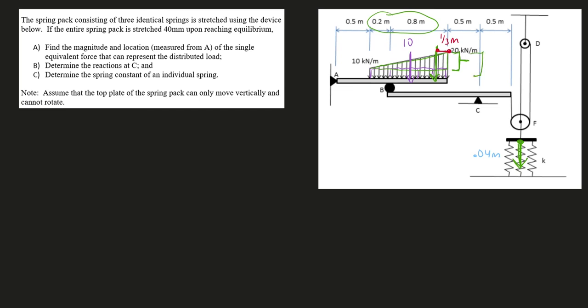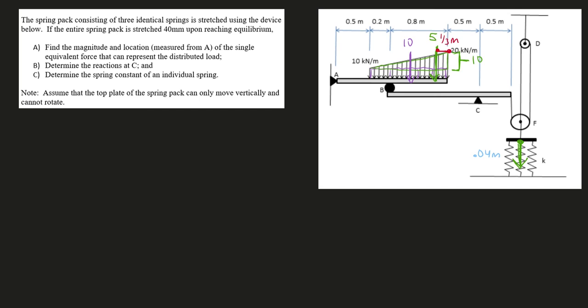This whole thing is 20, this whole thing is 10, so the guy that we want is going to be 10. So 1/2 times the base, 1, times 10 is just going to get us 5. 5 kilonewtons downwards.